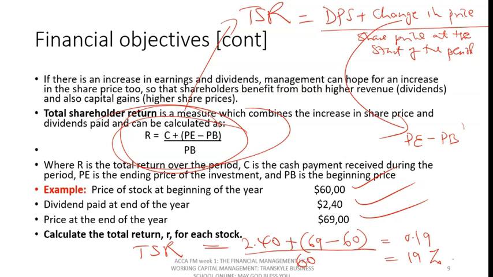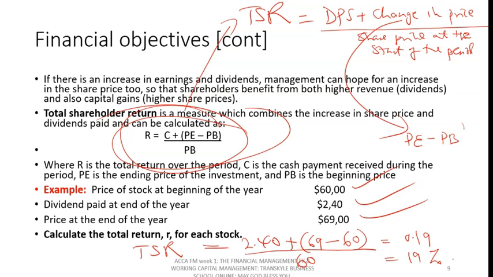Okay, somebody might ask, why is this ratio called total shareholder return? This ratio is called total because it involves two returns.